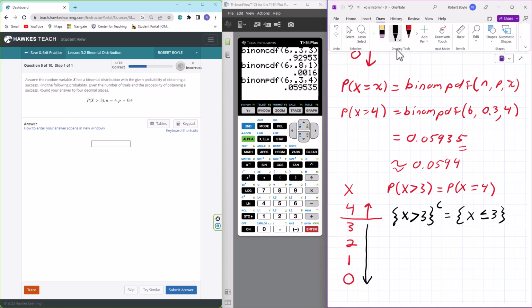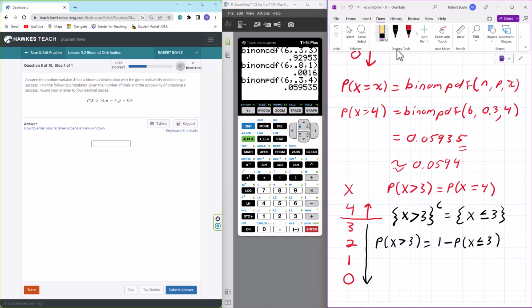And then the probability of x being strictly greater than 3 using our complement rule is going to be 1 minus the probability of its complement, namely x is less than or equal to 3. So we have two ways of doing these.